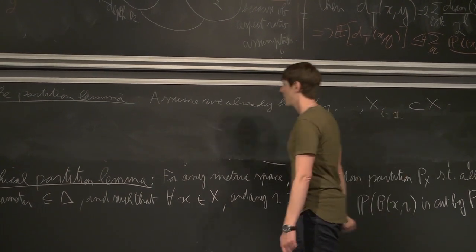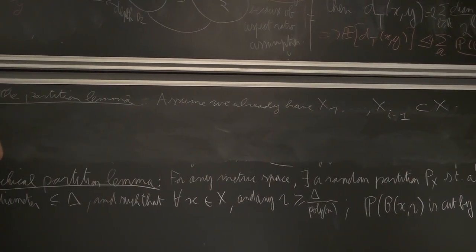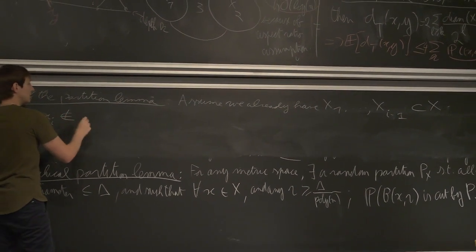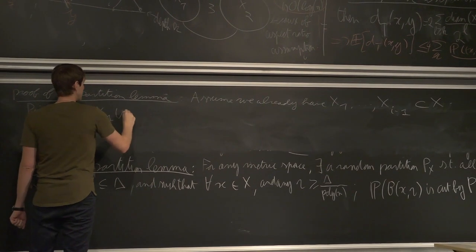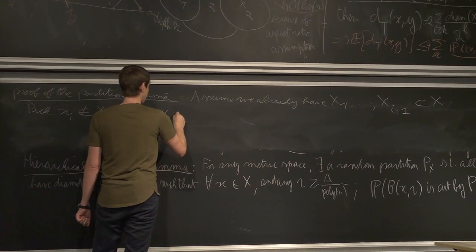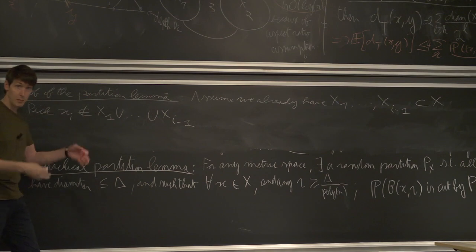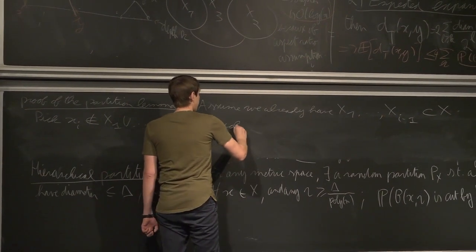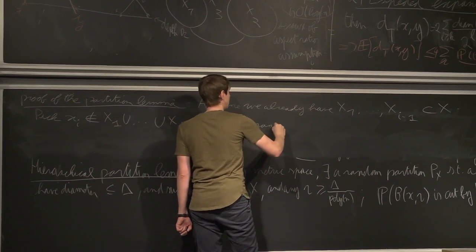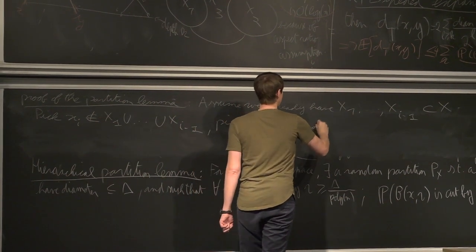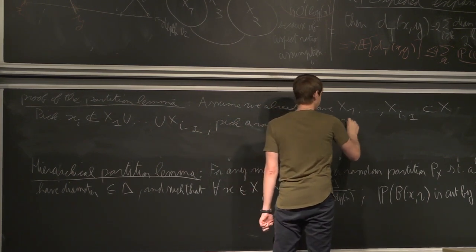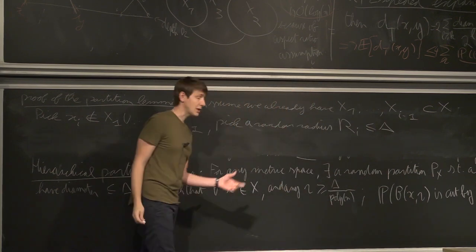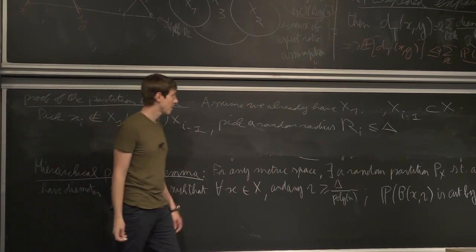So now pick arbitrarily some x_i which is not covered yet, which is not in the union of those things. Okay, pick some element which is not covered. Pick a random radius R_i, which is smaller than delta. I will explain what kind of random radius we want.